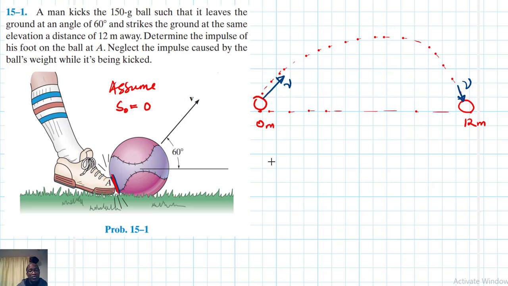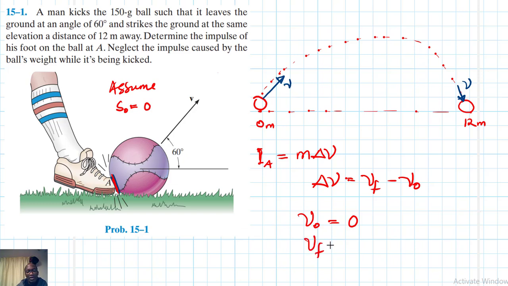So basically what we need to calculate is the impulse at A, which is equal to the mass times the change in velocity. This change in velocity is just equal to V final minus V initial. But at A, we know that V initial is equal to 0, and V final is what we are looking for.